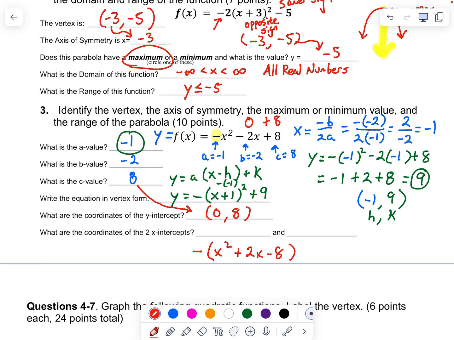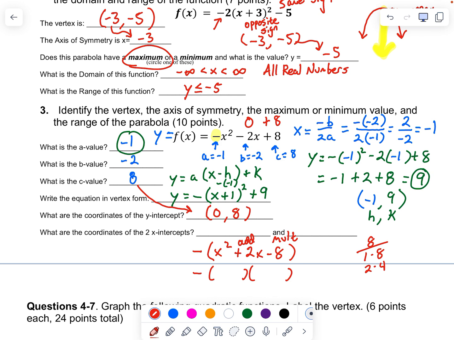Okay, and can we factor that? This is a trinomial now where a is 1, so I'm looking for something that multiplies up to be -8 and adds up to be a +2. What multiplies up to be 8? 1 times 8, 2 times 4, and that is it.